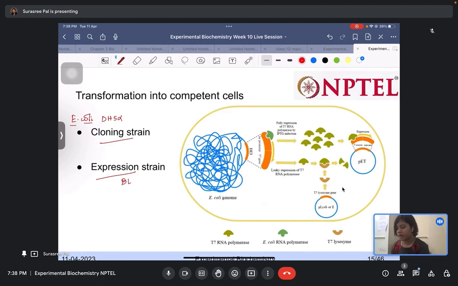For example, BL21 DE3 or Rosetta, Origami. These are some expression strains. These are all bacterial strains which are actually engineered expression strains.